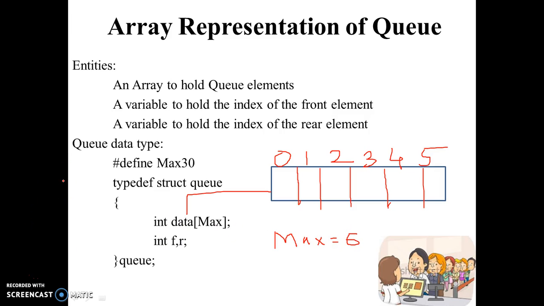In this array I am showing front of the queue towards the left and rear towards the right. Does not really matter, any side can be used as a front or any side can be rear. It's just that an element must always be added from rear and must always be removed from front.